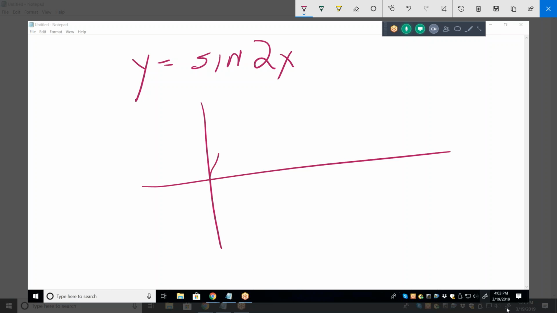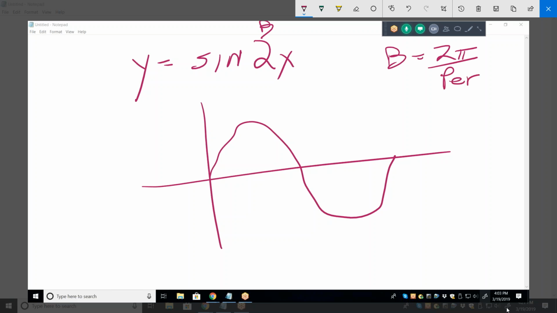So if my normal sine curve looks like this, a good formula, this is called b, incidentally. And they do give you a formula that b is equal to 2 pi over the period. And you do need to memorize that, because we know what the period is, right?